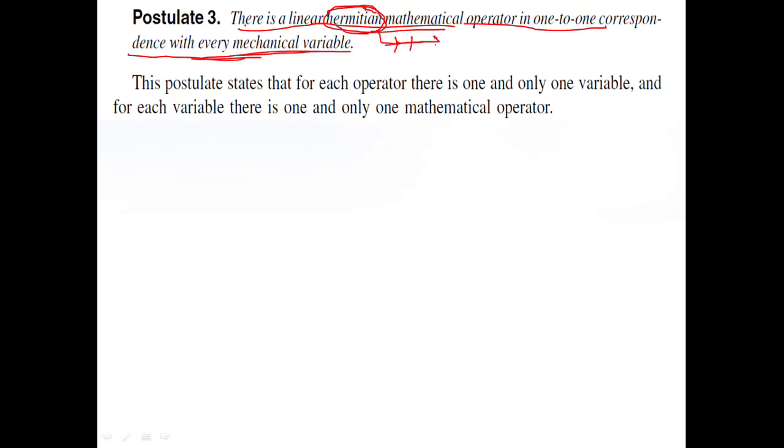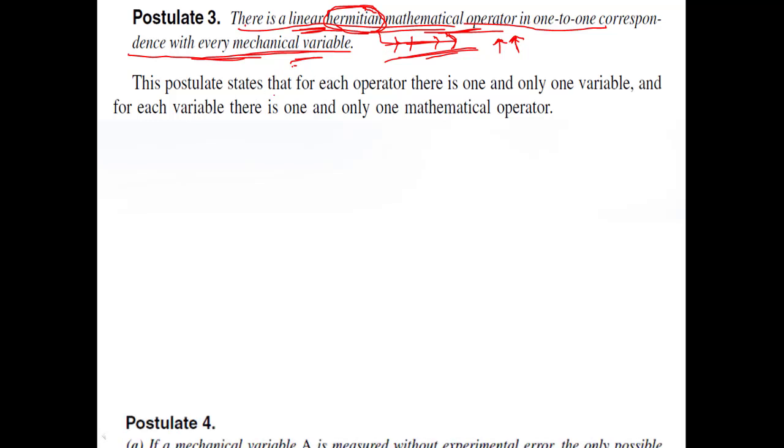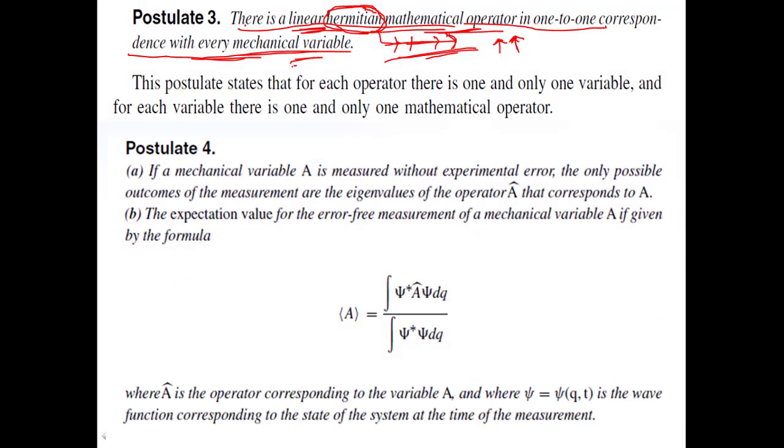You will be learning about Hermitian operators in your higher classes. So I am skipping this postulate because there is a complete set of properties of Hermitian operators. If I start, then I have to tell you all the properties of Hermitian operators also. So you just keep in mind that for every mechanical variable there exists a linear Hermitian operator in quantum mechanics.